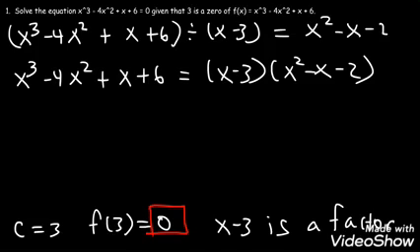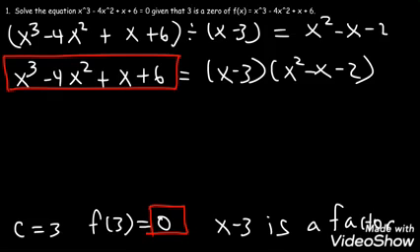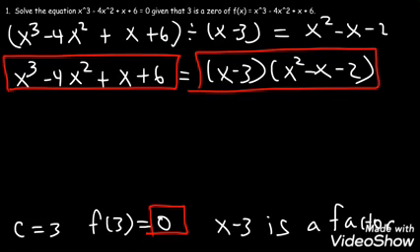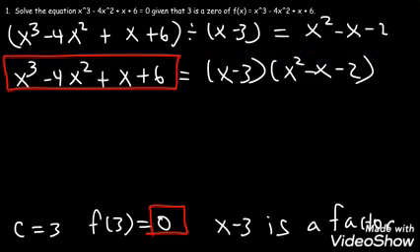So notice that we just factored this cubic polynomial function. So x cubed minus 4x squared plus x plus 6 is equal to x minus 3 times x squared minus x minus 2. So now all we need to do to completely factor this expression is factor this quadratic expression, or trinomial. So can we factor that expression?